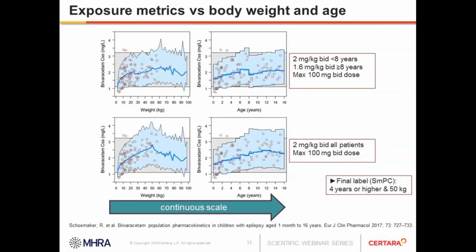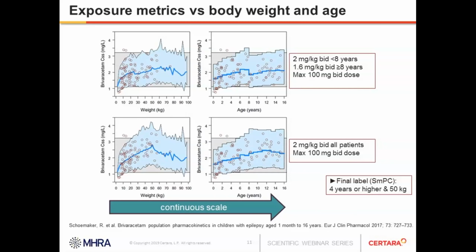The top dosing regimen gives 2 milligram per kilogram twice a day, and the cutoff is for under 8 years. For patients above that, there's a lower dose given. However, for all patients, there's a maximum 100 milligrams twice a day dosing. In the bottom set of graphs, you can see just a flat dosing for all patients, and this also has the maximum 100 milligrams.